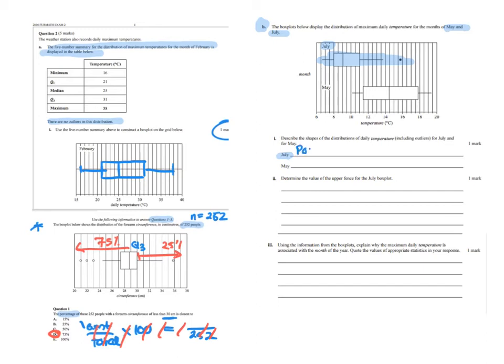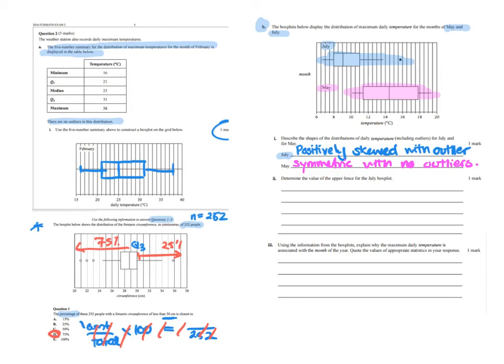I think that is positively skewed, yes, with outlier. So there's my answer for that. And then the next one, May, which is here. What do you reckon that one looks like to you guys? Yeah, I reckon symmetric too. Symmetric with no outliers. You've got to say that.